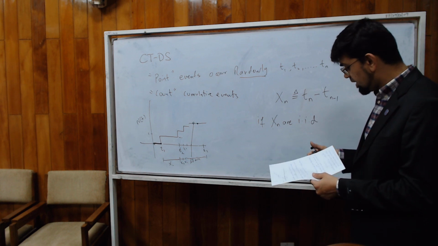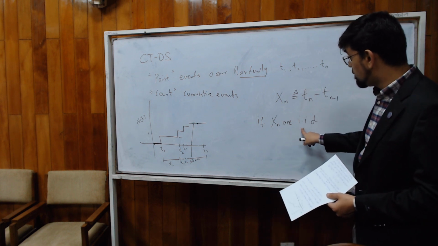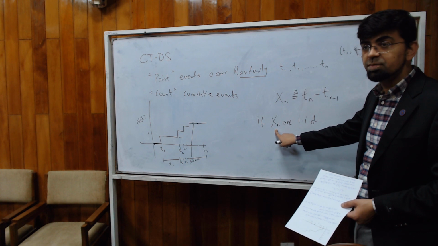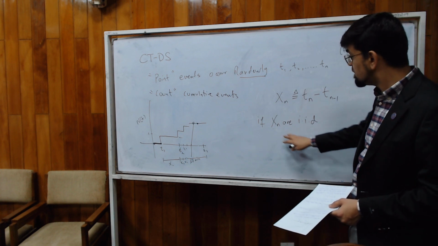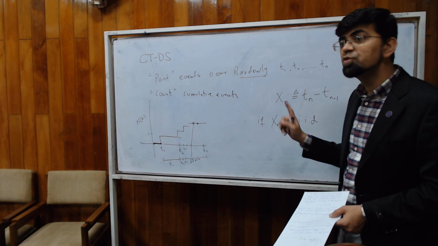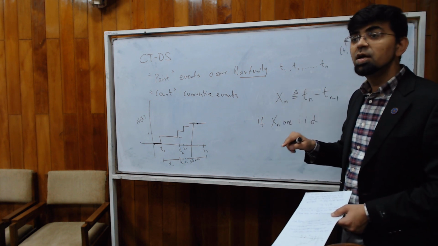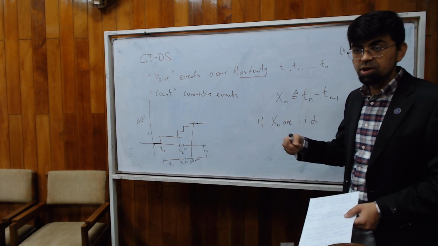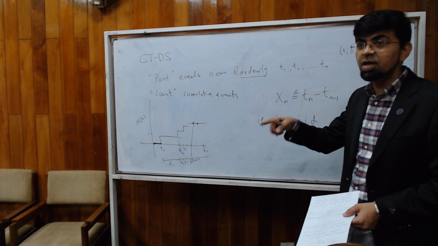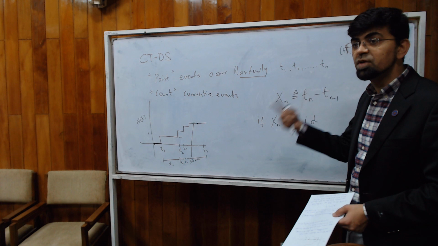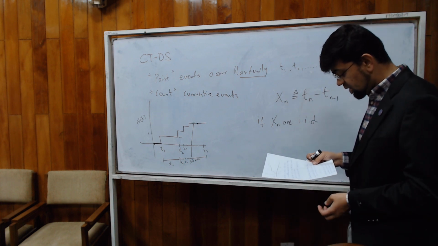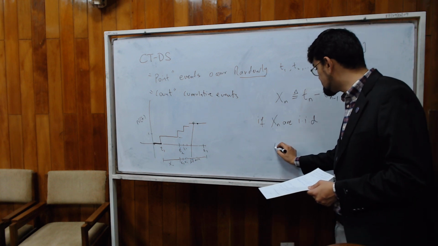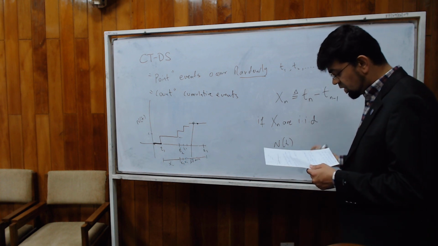In that case, what distribution did we put on xn? We didn't define it. Uniform, Gaussian, we didn't set that yet. All we said is that all these spacings have to be independent of each other, and whatever distribution they are coming from is the same. If it is Gaussian, it is Gaussian; if it is exponential, it is exponential; whatever that is, it is the same. If this condition is met, then we say that the process N(t) is a renewal process.